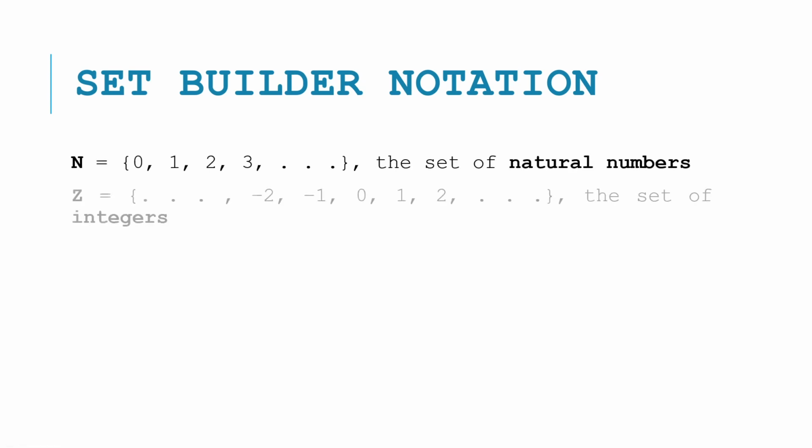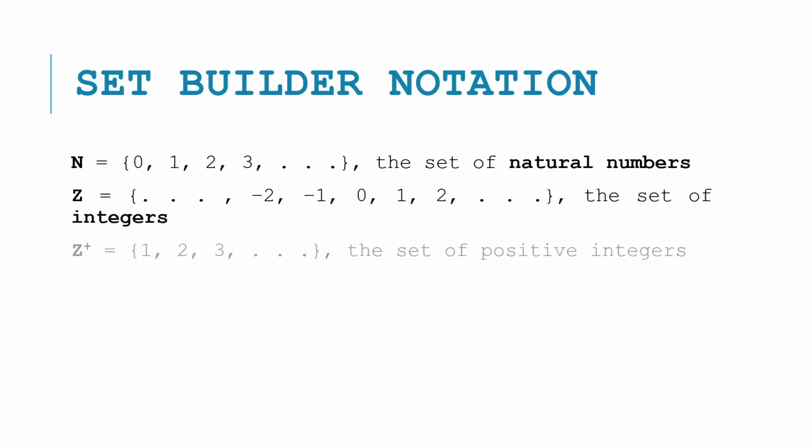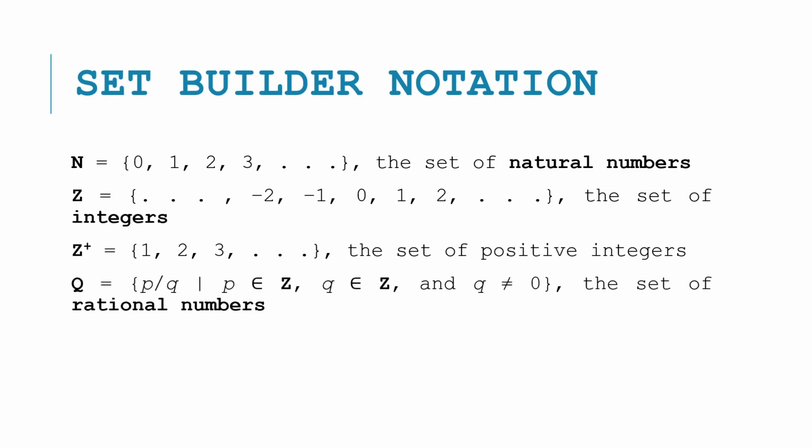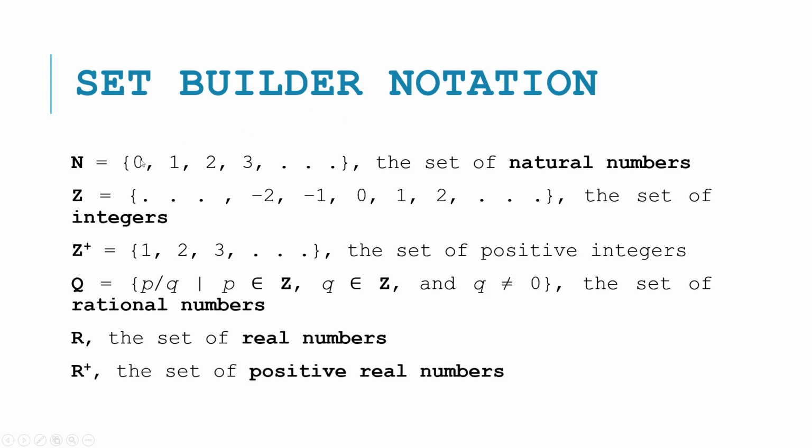Okay, here are some of the general sets that we usually use in set builder notation. N would represent the set of natural numbers. Those are the counting numbers with 0. Z here would represent the set of integers. Now, if Z has a positive sign, then that's the set of positive integers. Likewise, if we have here Z negative, that is the set of negative integers.